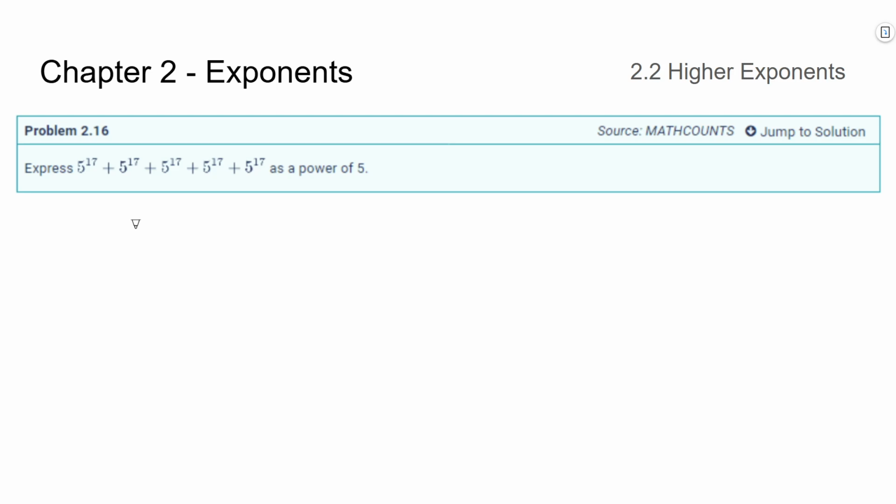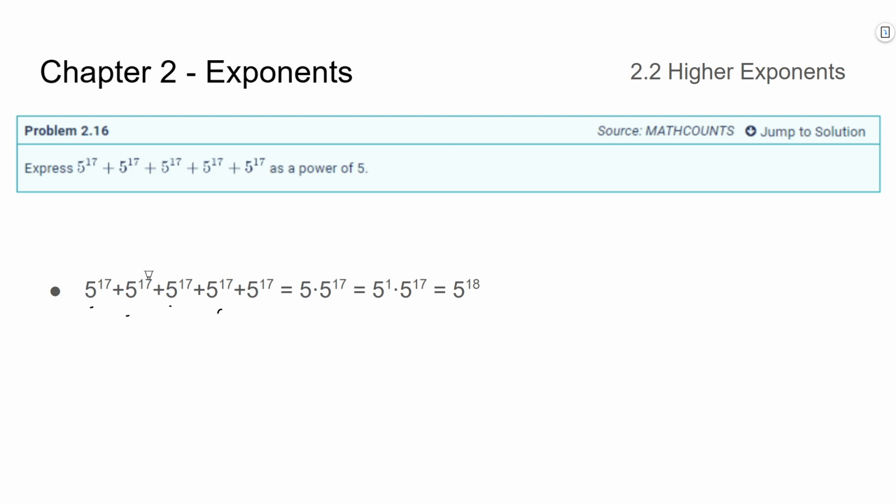Okay, so now express this as a power of 5. Meaning you're going to have 5 as the base, and then what's the exponent going to be? All right, so let's go ahead and write this out. So you probably noticed that these are all the same, right?